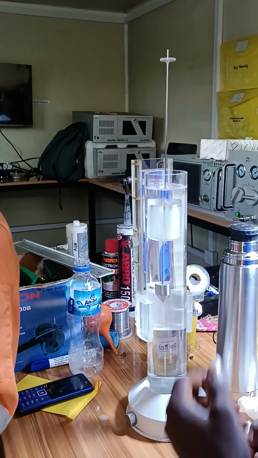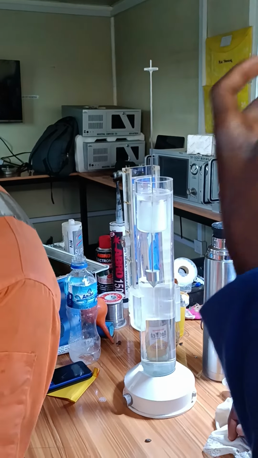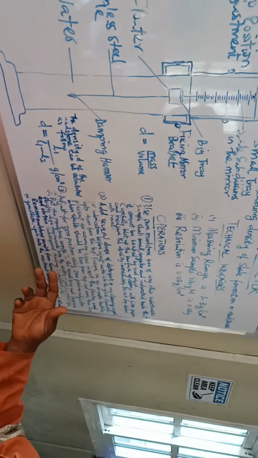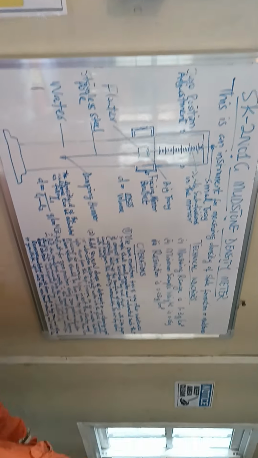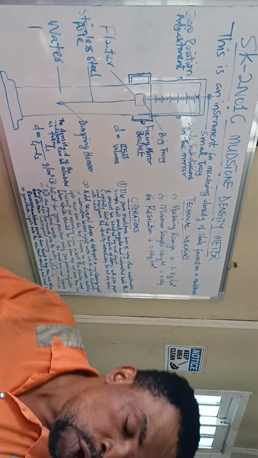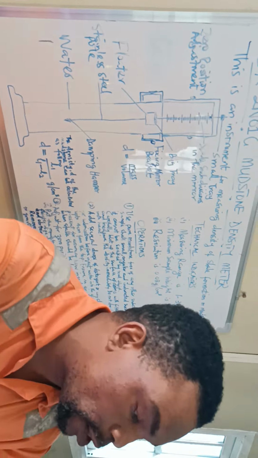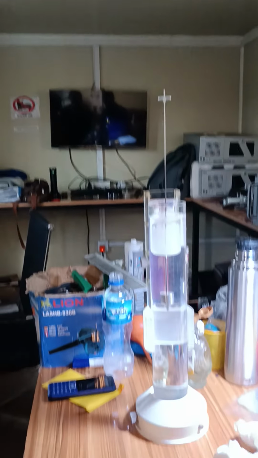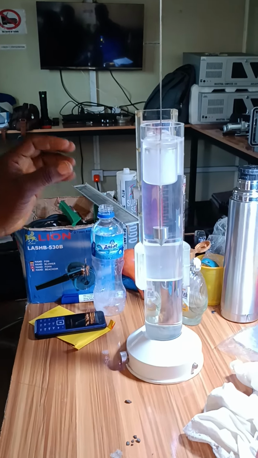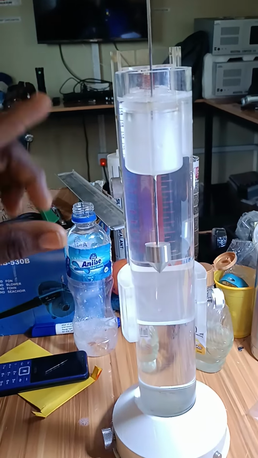So after adding the detergent and cleaning, we inject water into the glass as we discussed, and we put in the floater. Now adjust for zero position. Right now the floater is at about 1 cm.